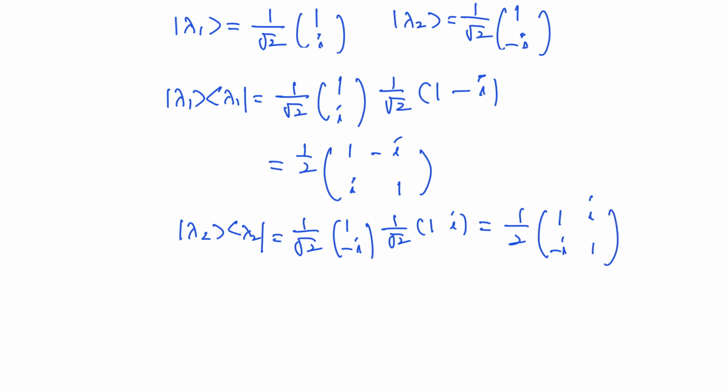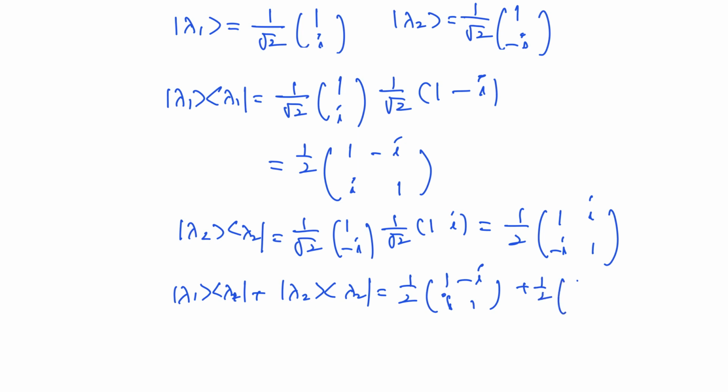So we can add lambda 1 and lambda 2: one half, (1, minus i; i, 1), plus 1 half, (1, i; minus i, 1), is (1, 0; 0, 1). This is the identity, right?